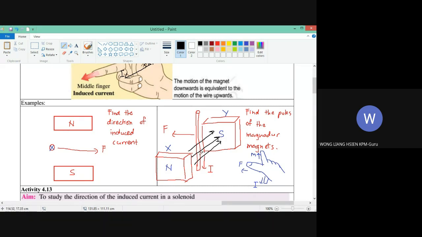The magnetic field points like this, so that means this one is north, this one is south. The magnetic field goes from north to south. Okay, all right.